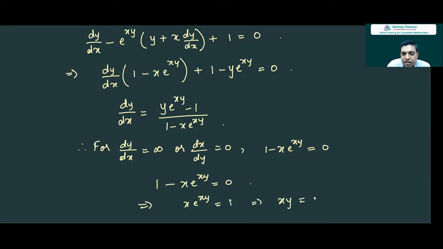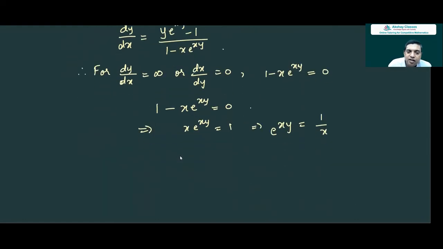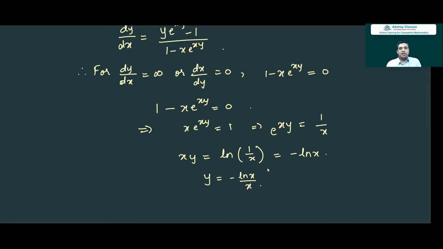So e power xy, sorry, is equal to 1 upon x. Taking log on both sides, minus log x. So y is basically, it's not a function, by the way.